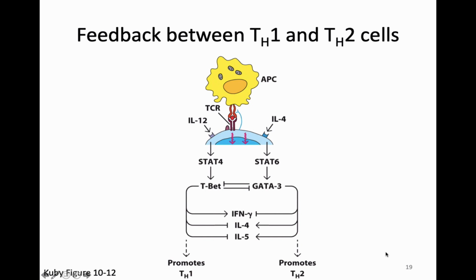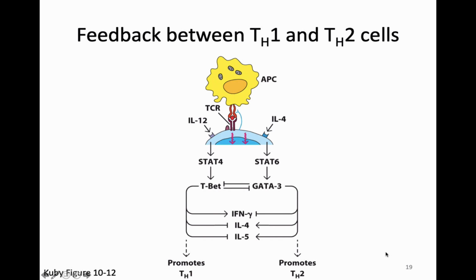Not only does IL-12 turn on Tbet, which will turn on interferon gamma and promote a Th1 response, this process of turning on Tbet also inhibits GATA3 and inhibits the production of IL-4 and IL-5. Similarly, IL-4 and producing GATA3 inhibits Tbet and inhibits interferon gamma.